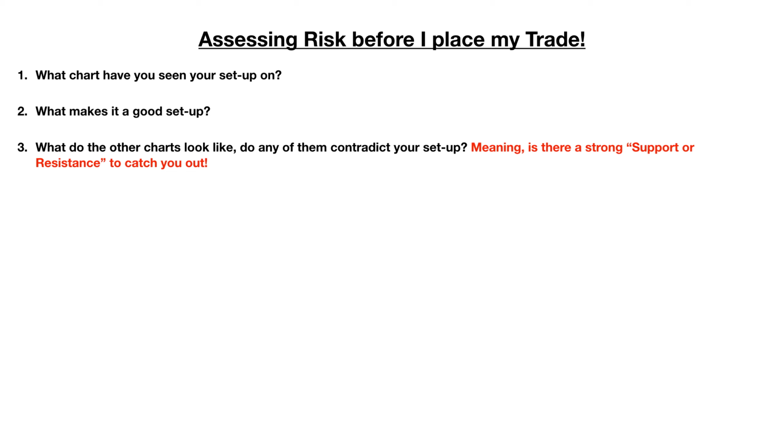It was not, and I shouldn't have placed the trade. On another chart, it could be that price is approaching a very strong support or resistance, and it could catch you out. There could be a number of reasons. So it's about looking at the other charts to make sure there's nothing going to catch you out.